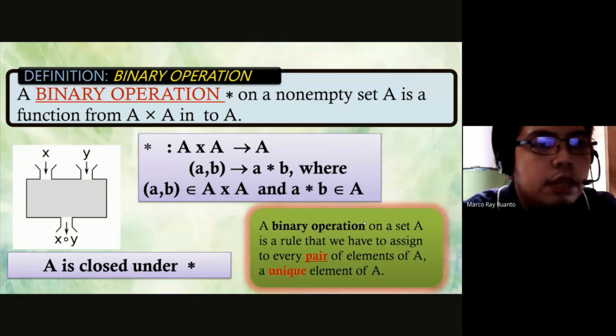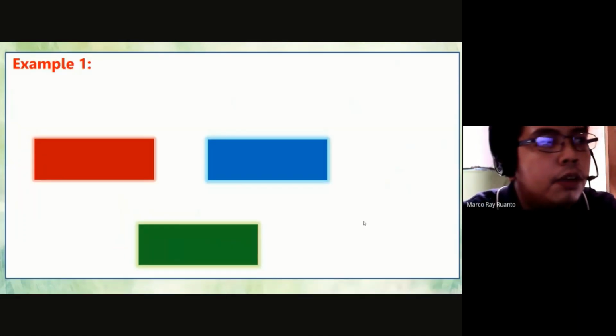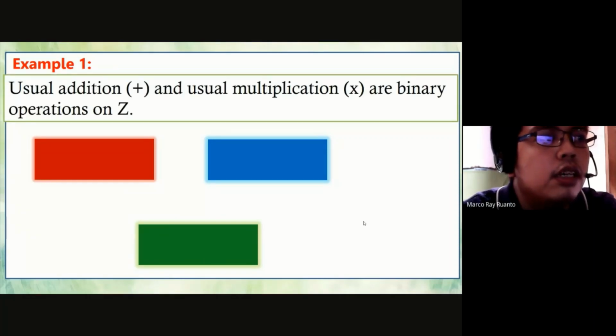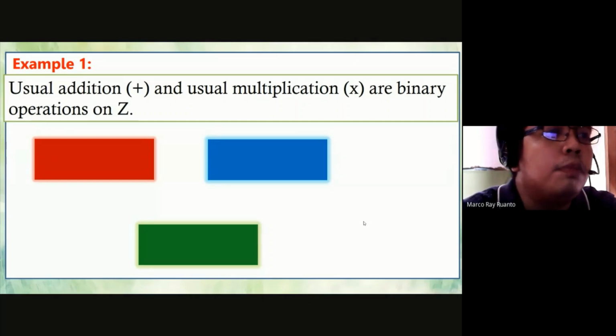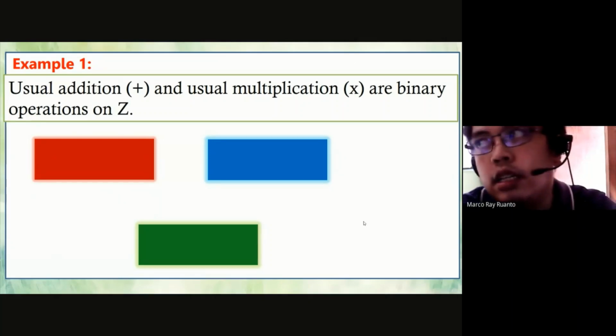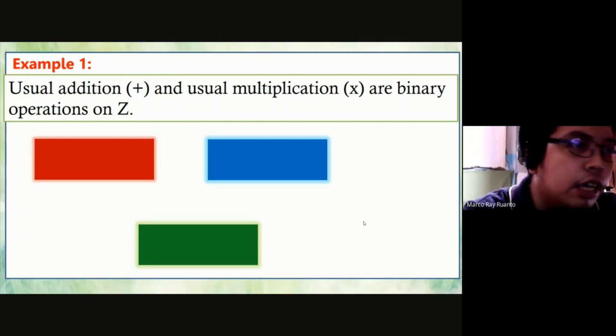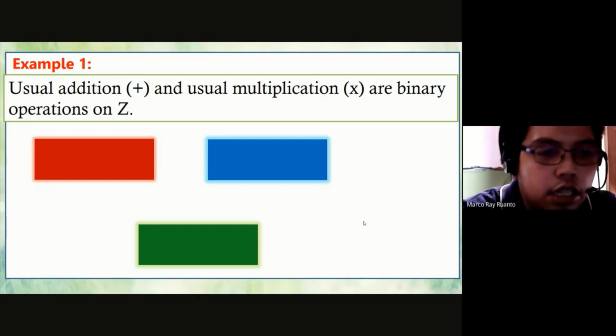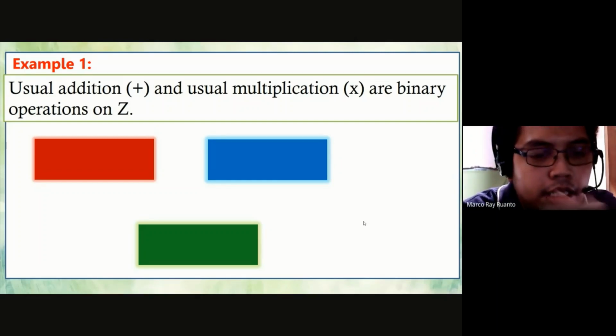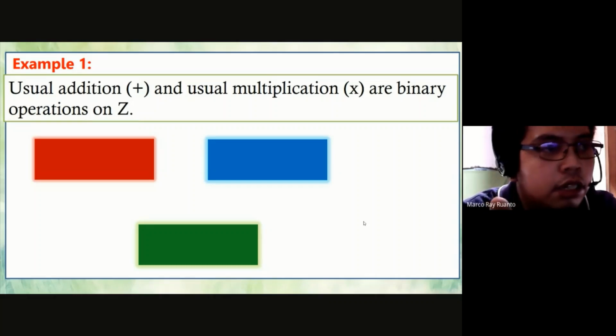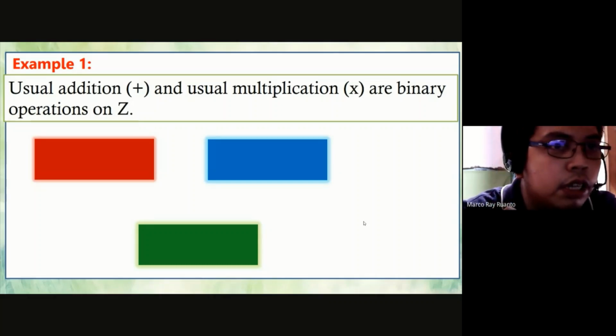Okay, let me give you an example of binary operations. The usual addition and the usual multiplication are binary operations on Z. Those are true. Why? Integer plus integer, the answer will also be what? Is it also an integer?